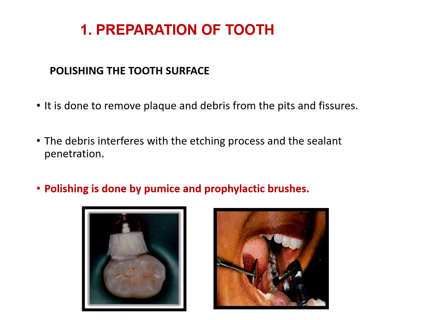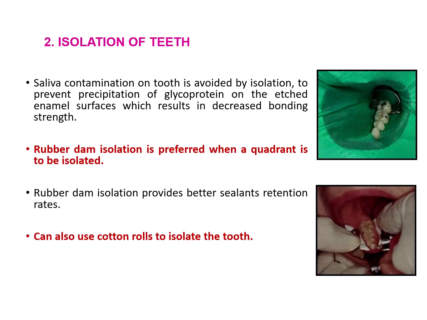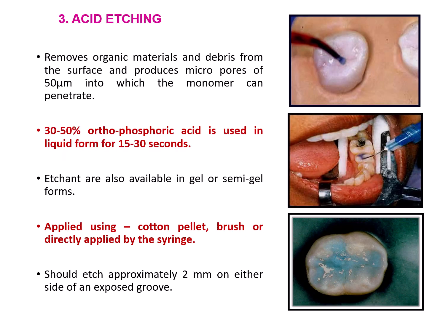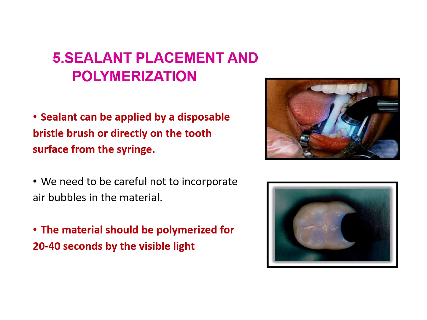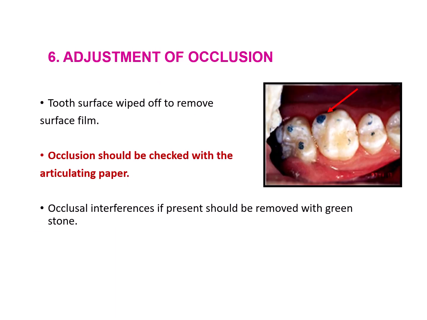The preparation of the tooth surface by polishing using pumice, followed by isolation of the tooth, rubber dam application, acid etching, followed by washing and drying, giving the frosty white appearance, followed by the sealant placement and polymerization.